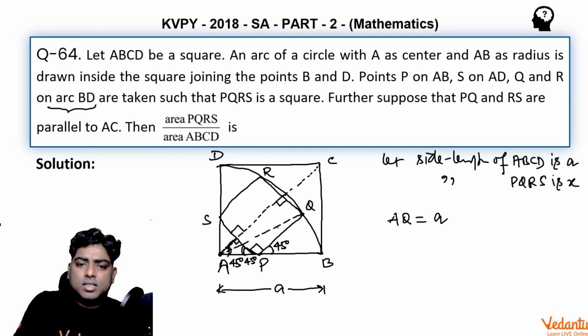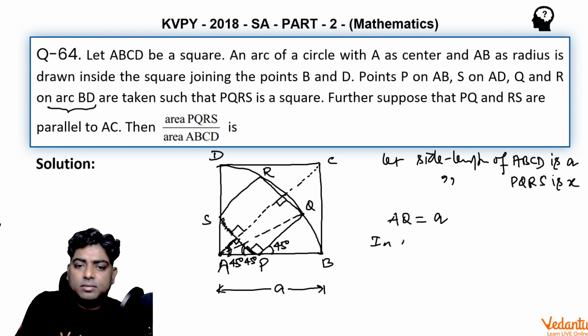What is the side length taken of the square PQRS? It is x. So this part is x by 2, this is also x by 2, and these angles are 45 and 45, meaning these two angles are equal.